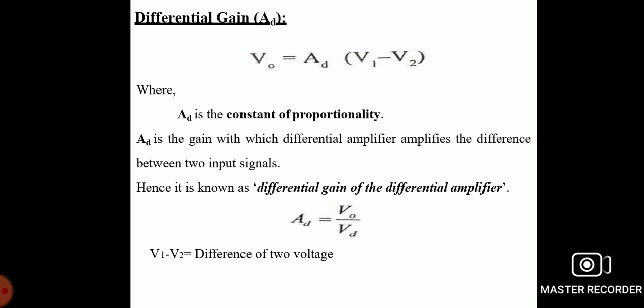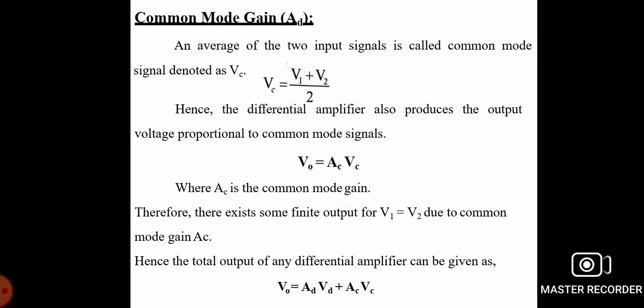So what is the other mode? That is the common mode gain. The average of the two input signals is called the common mode signal. It is denoted as the common mode voltage. The common mode voltage Vc is equal to (V1 plus V2) divided by 2. The differential amplifier also produces an output voltage proportional to the common mode signal.